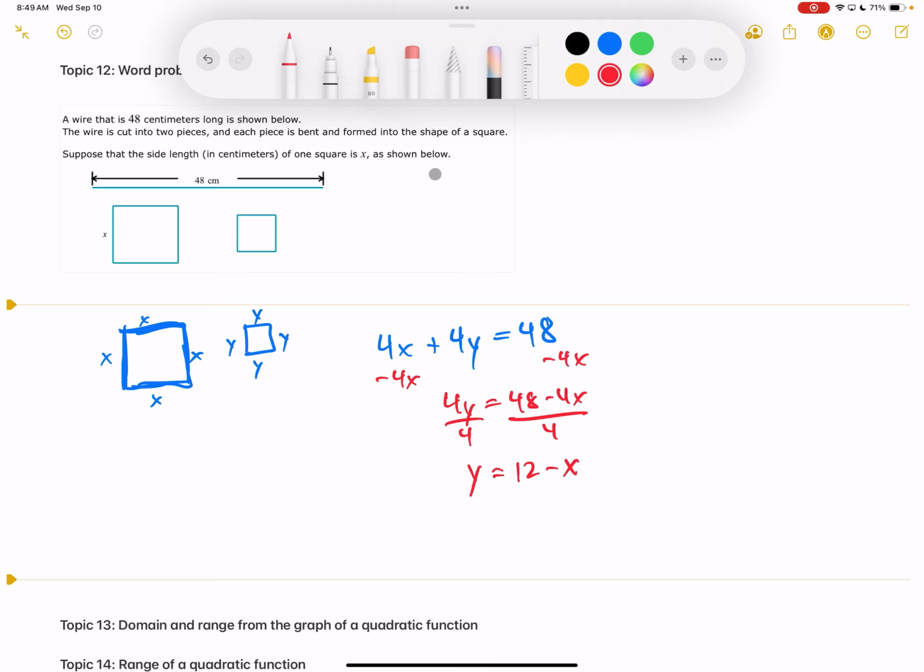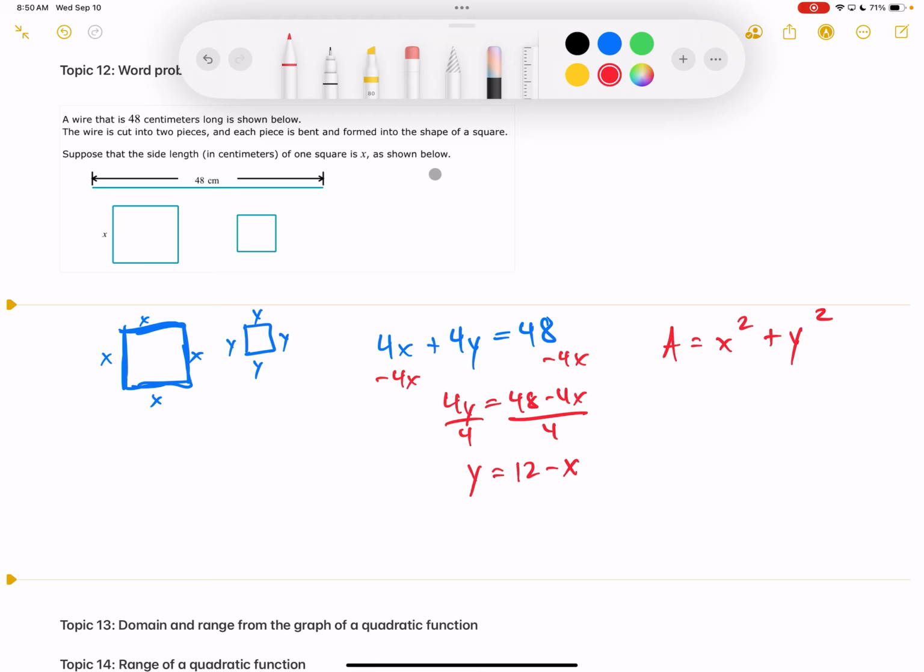What do we know? We know the area formula, right? We know that x squared plus y squared, if I did the area of the squares, would have to equal the total area of all of them.